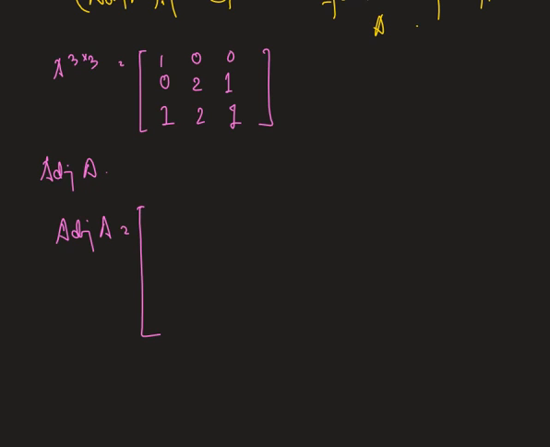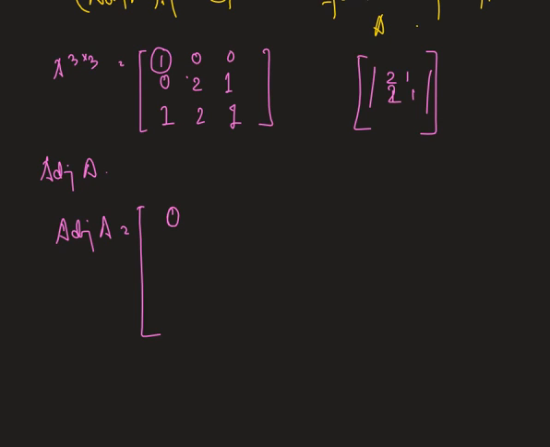For the first element, that is 1, the cofactor is going to be the determinant of 2 1 2 1. So the value of the determinant is 2 minus 2, that is 0. So the first value is going to be 0.